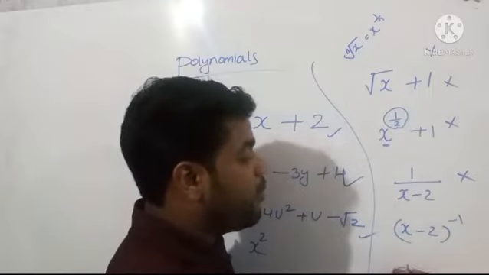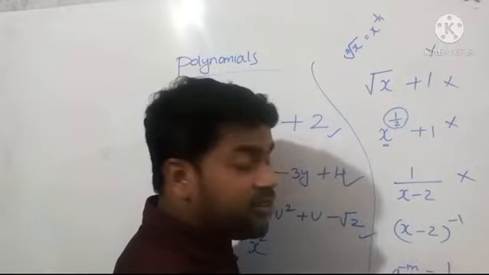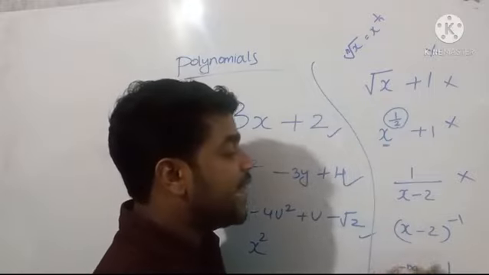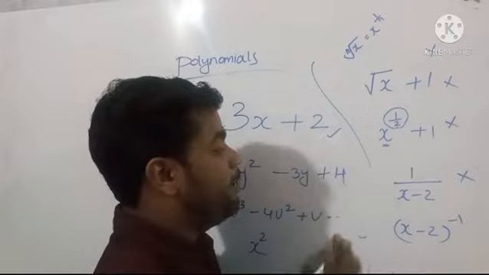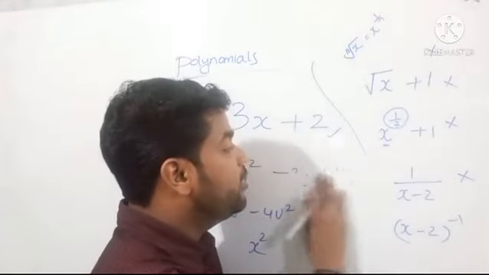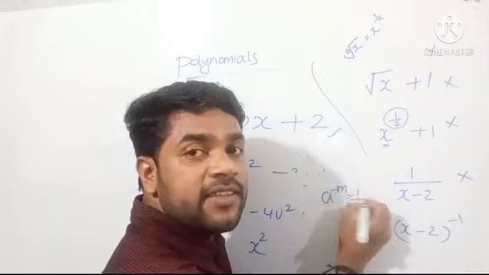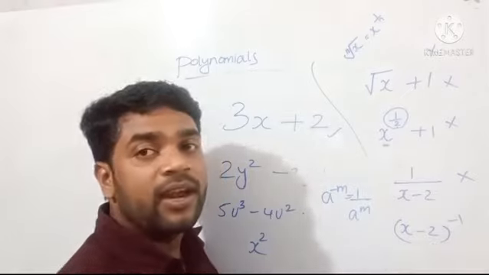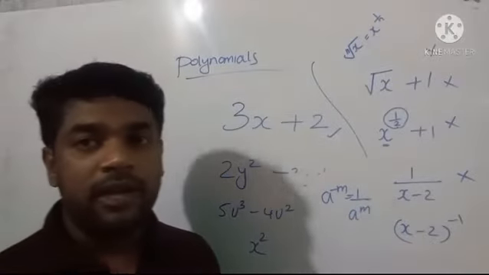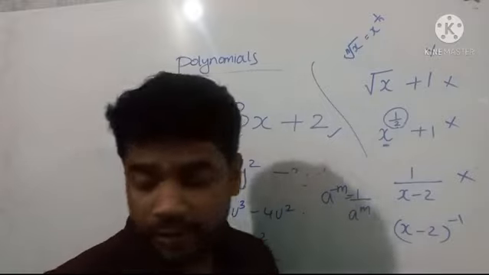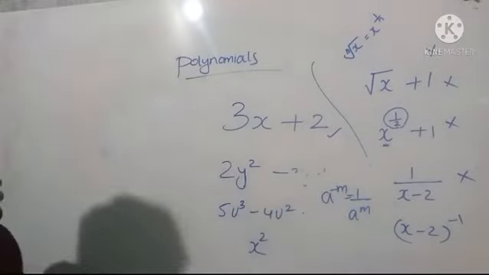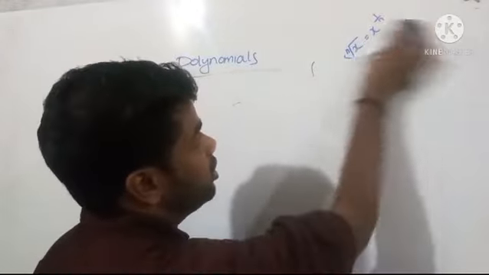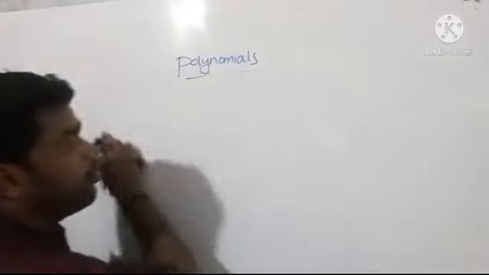We studied that a raised to minus m is equal to 1 by a raised to m, and we can apply this property. So the power is negative, and it is not a polynomial with variable x. So these are the conditions for checking whether the given expressions are polynomials or not.